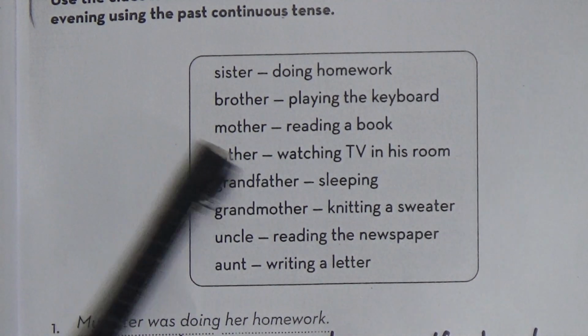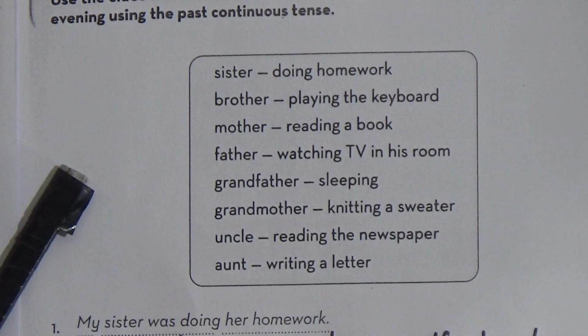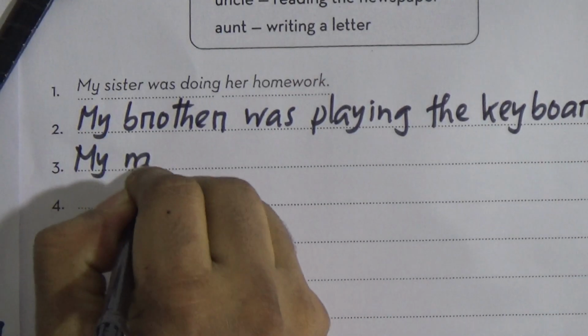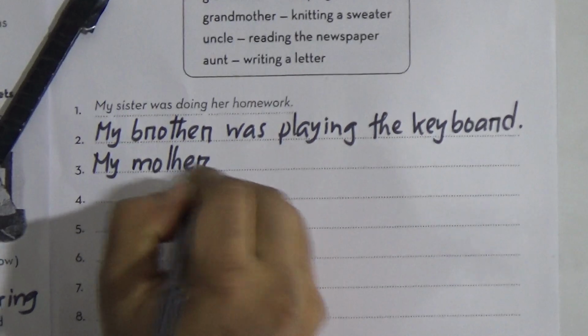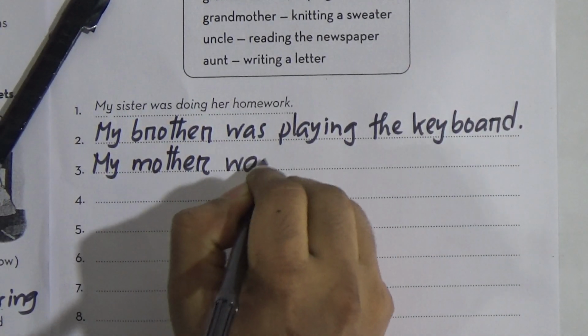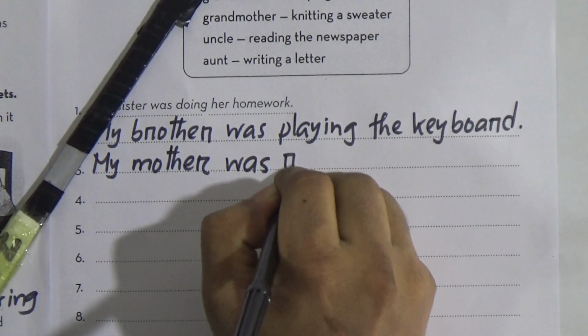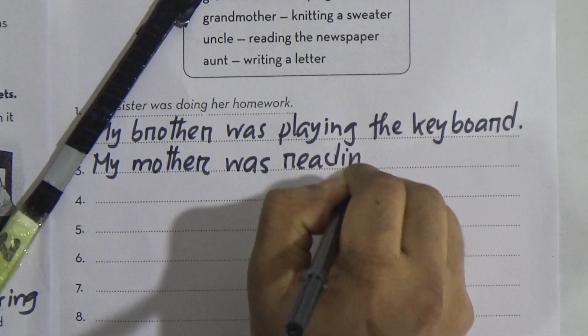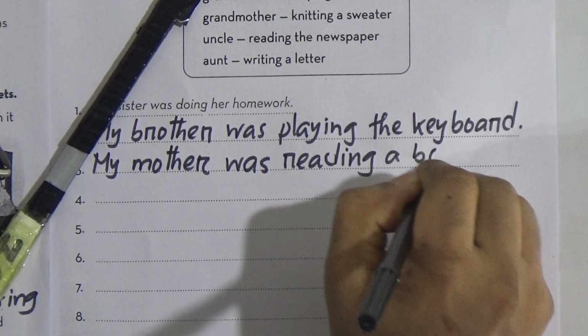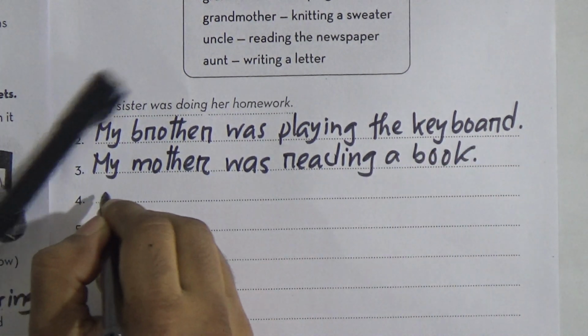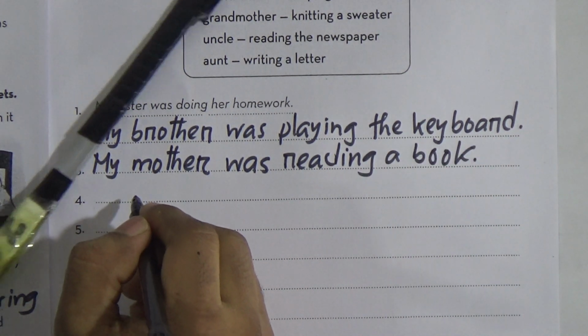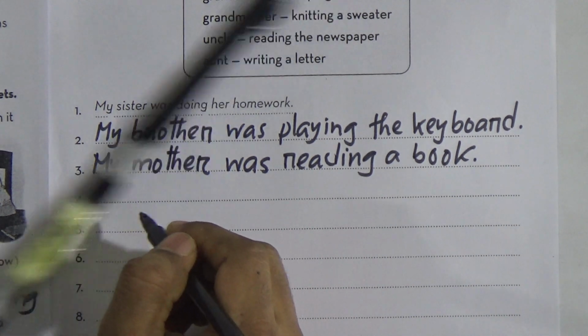Next, number 3, mother reading a book. So my mother, one mother, that's why the subject is singular, that's why was. My mother was reading a book. Number 4, father watching TV in his room.